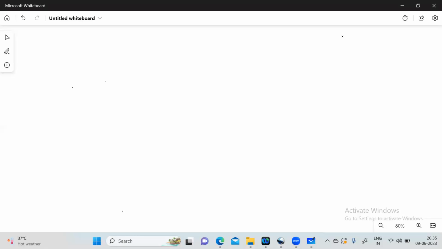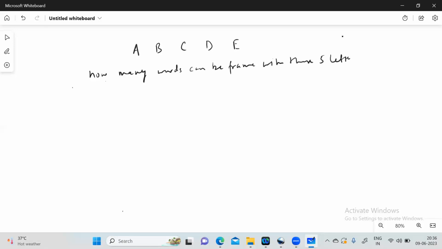Okay, so we'll start with the example that we have already discussed in the previous lecture, which was: if I have five letters like A, B, C, D, and E, and I'm asking how many words can be framed with these five letters, and again the word is a five-letter word only.